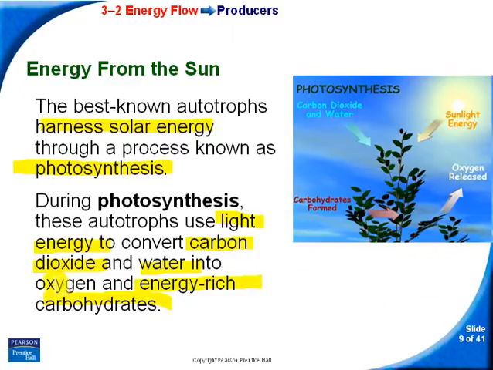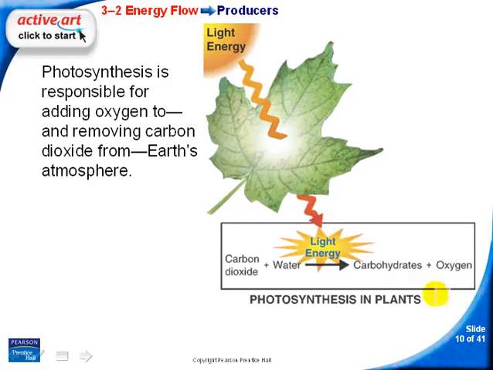And they also release, as a waste product, oxygen, which we use to breathe. Without photosynthesis, we're not going to get a supply of oxygen, and the atmosphere will be filled with carbon dioxide. And here you can see the equation for photosynthesis, which we'll study in more detail in a future chapter.